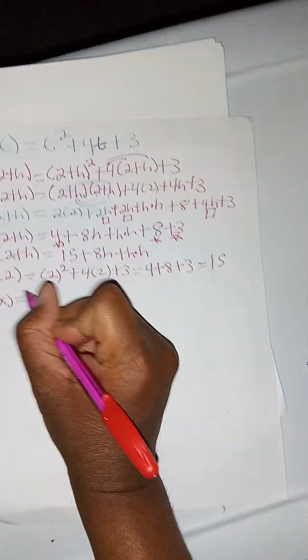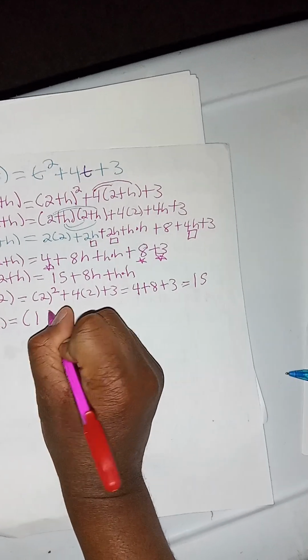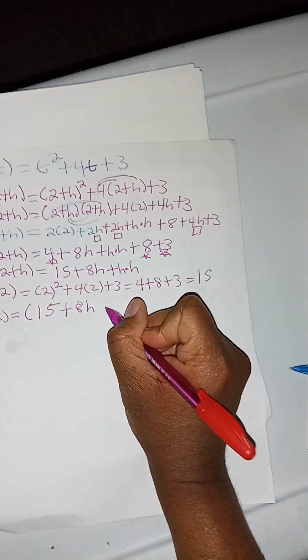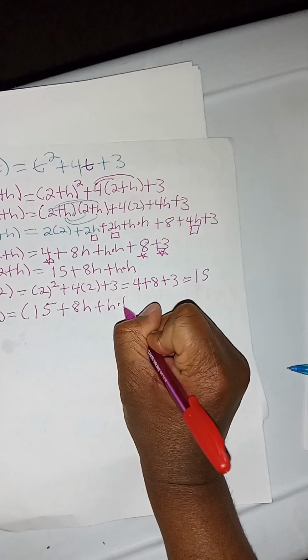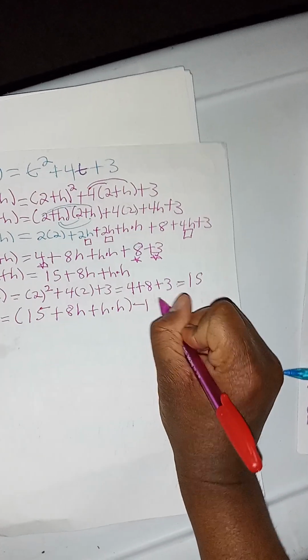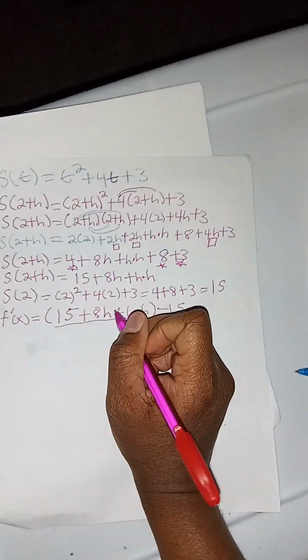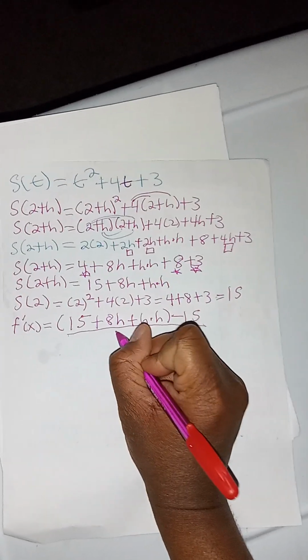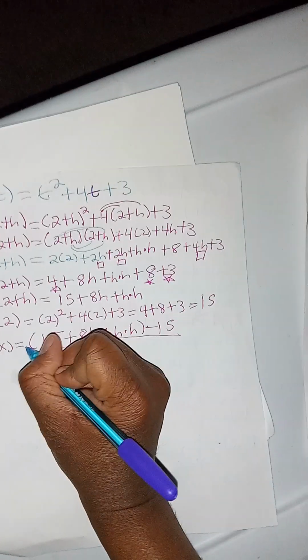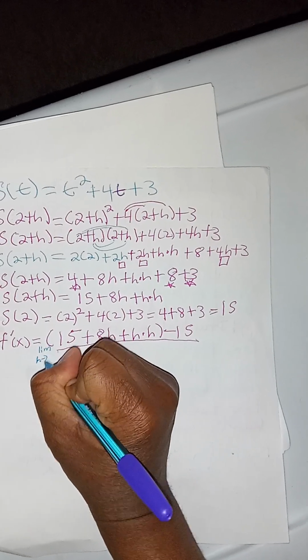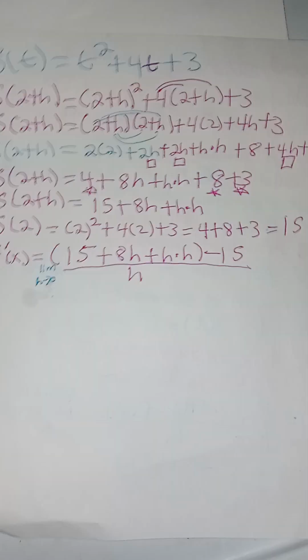So this is going to be 15 plus 8h plus h times h minus 15 all over h. And let's write the limit up front, and that's when the limit as h goes to 0. Let's have that marinate there.